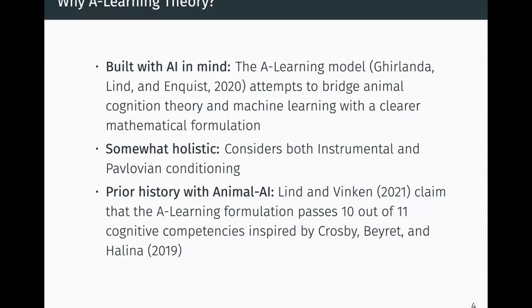And someone else has used this learning formulation in the Animal-AI, the environment that the project I'm working on has developed, and they claim that this formulation is enough to pass several cognitive competencies that are relevant for animal researchers.